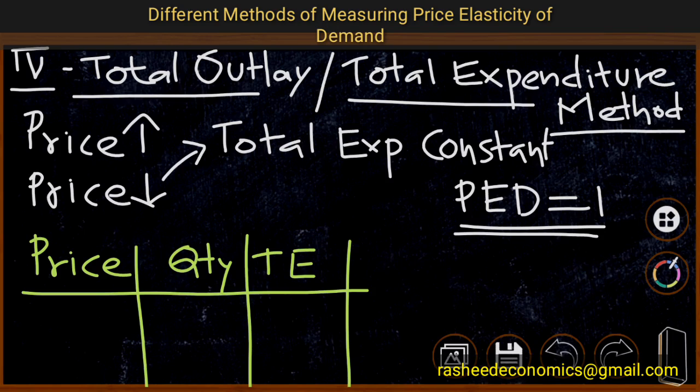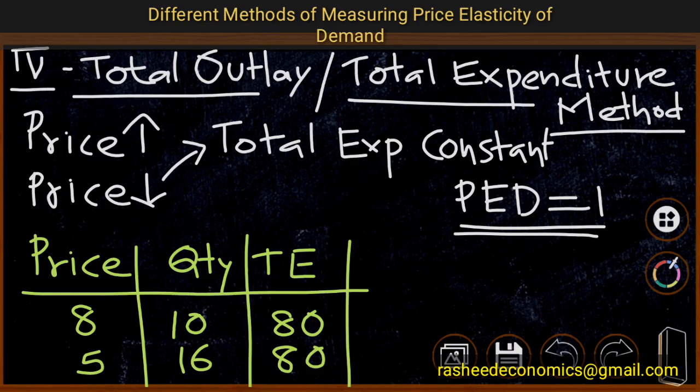Now let us consider the decrease in price of the product. The initial price of the product is 8, quantity demanded is 10 units and total expenditure is 80. When price decreases from 8 to 5, quantity demanded extends from 10 to 16, that is, more quantity is demanded at a lower price, and total expenditure will be 16 into 5, that is equal to 80.